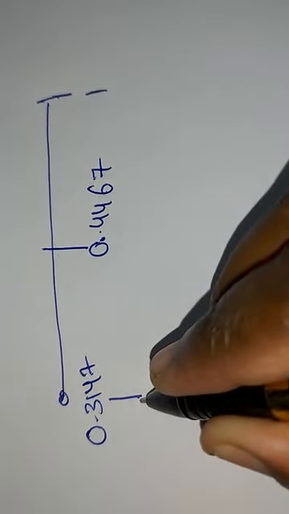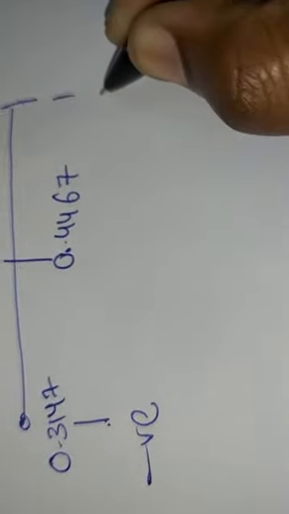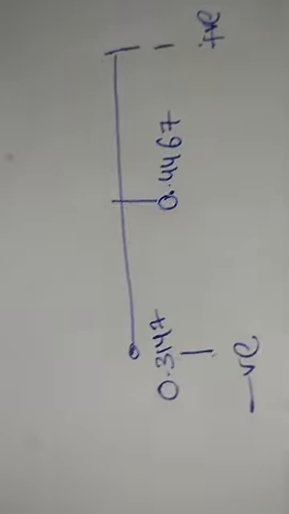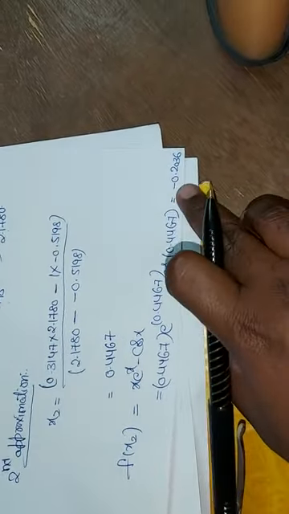For 0.3147 we have the negative value, for 1 we have the positive value, and for 0.4467 we got a negative value.